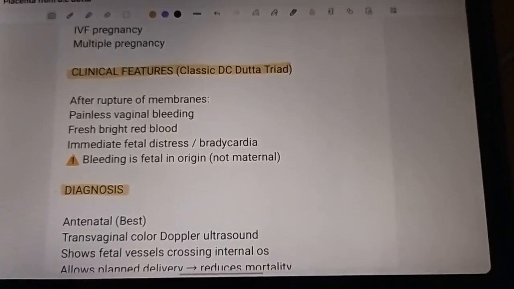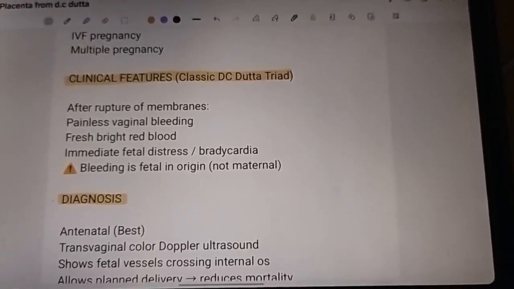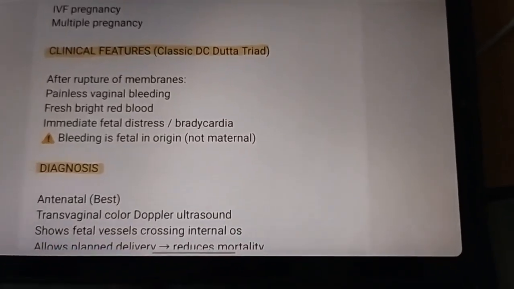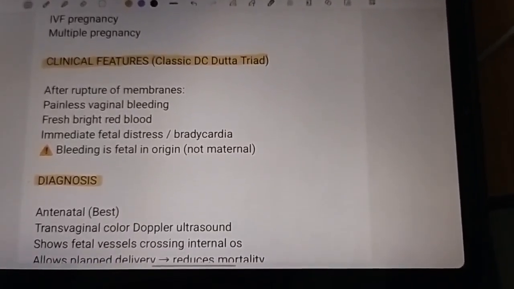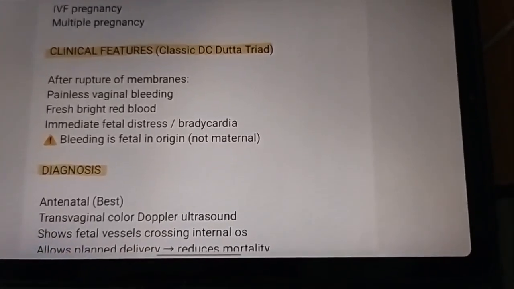If the patient doesn't want to preserve the uterus, then we can plan an elective C-section and then do a hysterectomy. And if we find it post labor, then we do an emergency C-section.